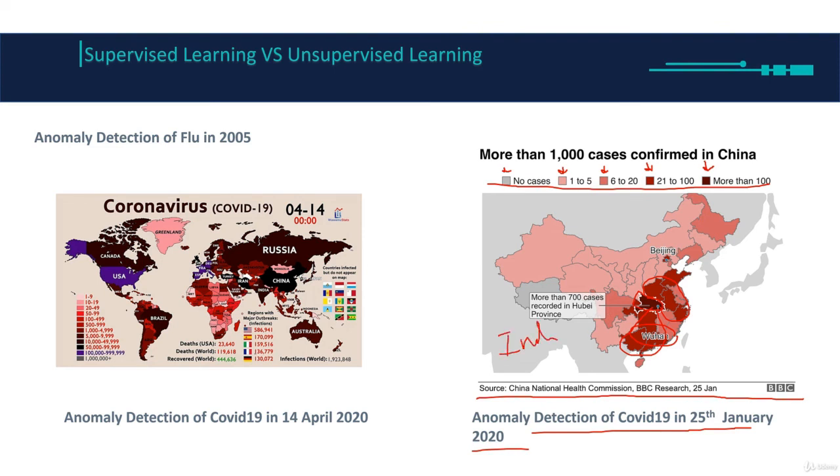Here we can see after how many days or weeks COVID-19 is going to reach India, and according to that they can predict, and they can prepare India or whatever other countries are around China for this outbreak. Here we can see the anomaly detection in April 14, 2020, and how it all spread across the world. You can see the legends here.